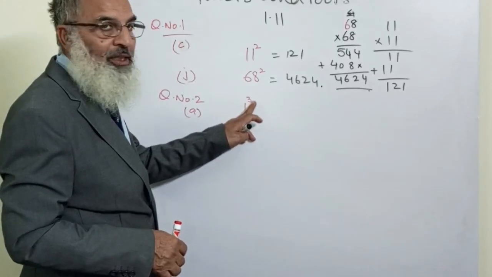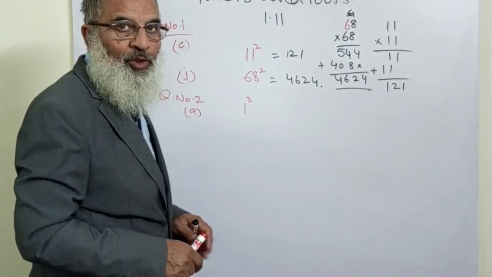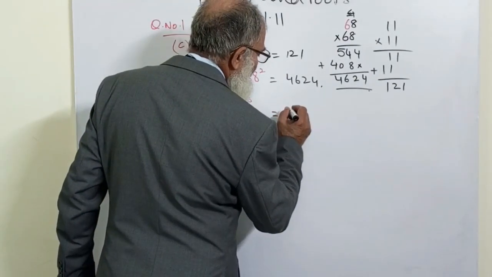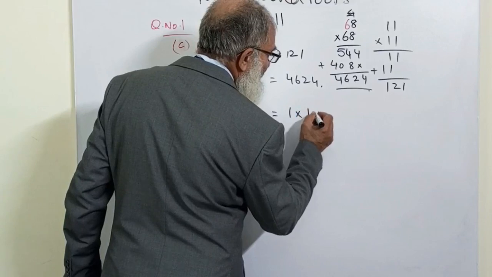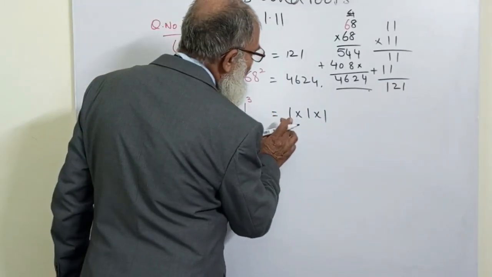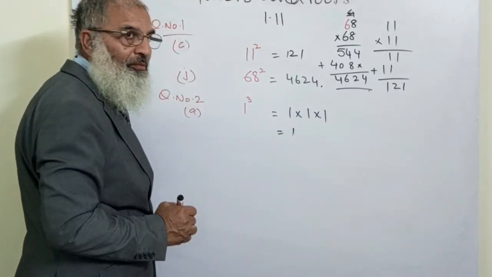I have to find the cube of 1. That means 1 multiplied by 1 multiplied by 1. So 1 times 1 is 1, 1 times 1 is 1, the answer will remain as 1.